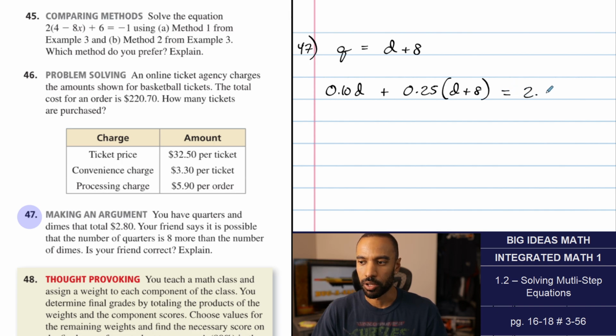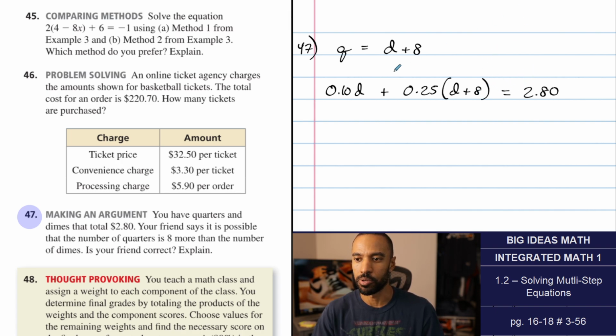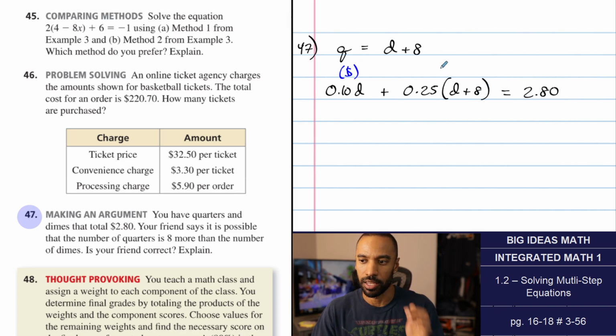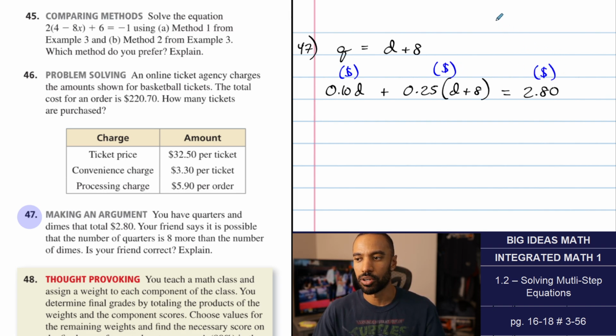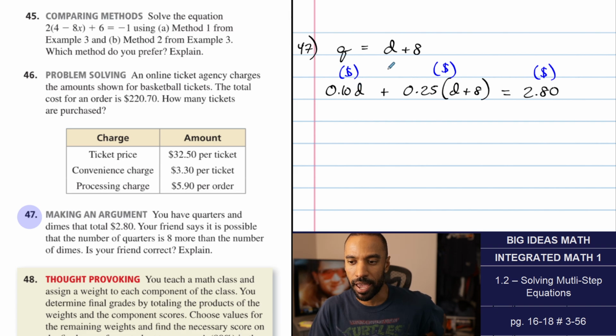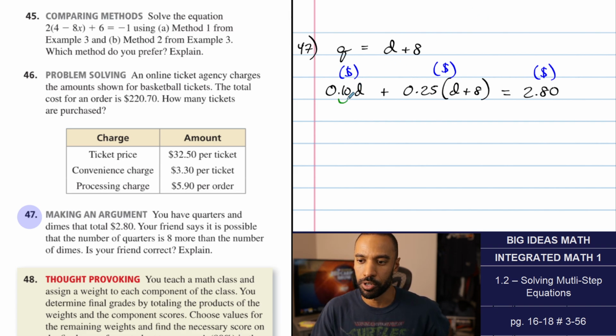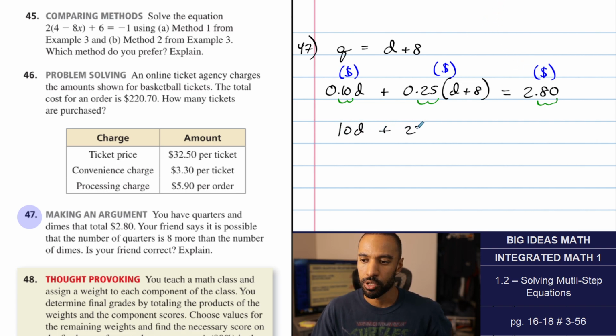And that equals $2.80. Now, this is also one of those instances where if you don't like the representation in terms of dollars, what we could do here is get rid of the decimals and turn this into cents, multiply by 100. If I multiply everything by 100, you shift the decimal place 2 places over, and this becomes 10 cents per dime times the number of dimes, plus 25 cents per quarter times the number of quarters equals 280 cents.